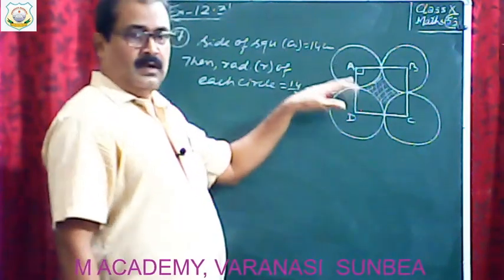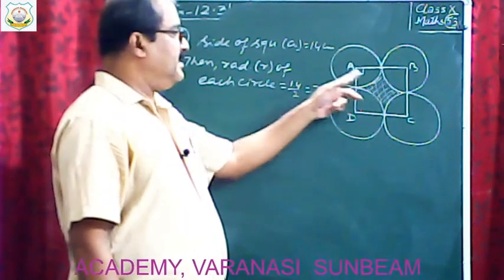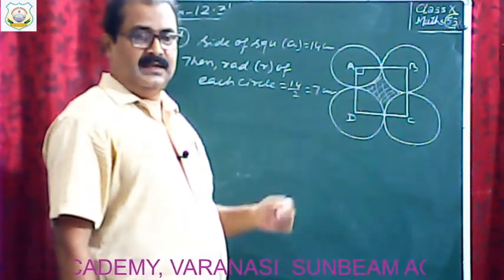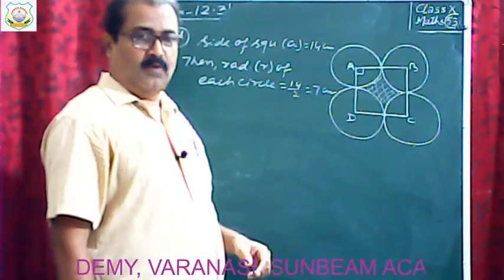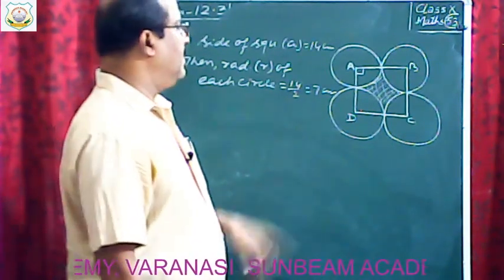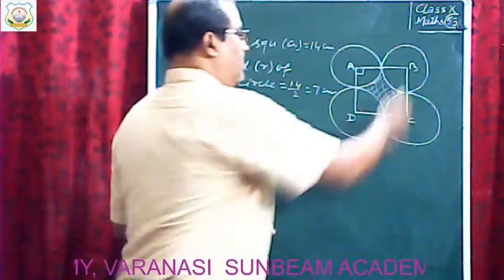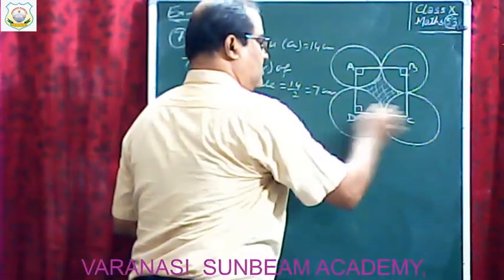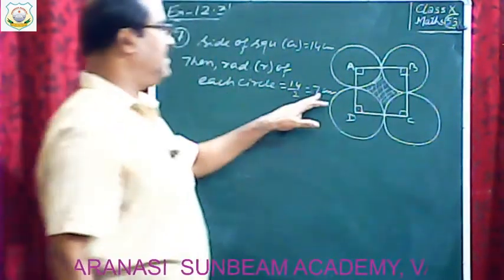So in other way you can say that in a sector, if the central angle is 90 degree, then that is known as a quadrant. So there are 4 quadrants we have.